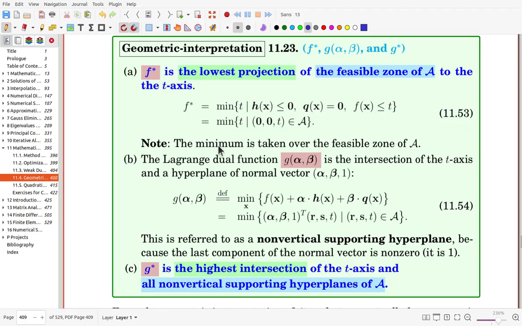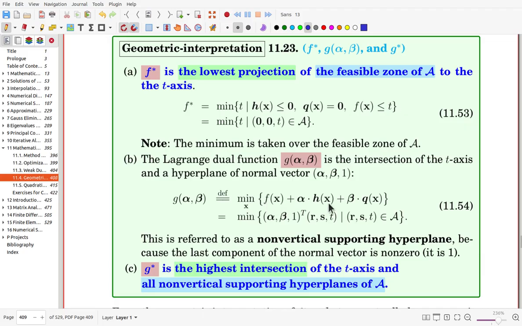Now the Lagrange dual function g of alpha beta is the intersection of the t-axis and a hyperplane of normal vector. We'll see here. Now g of alpha beta by definition is the Lagrangian minimized over x.